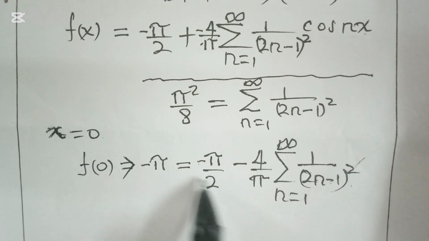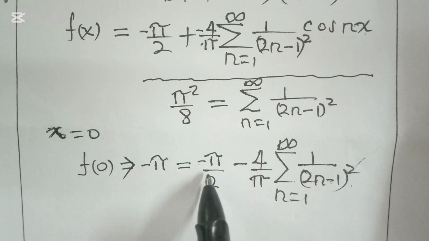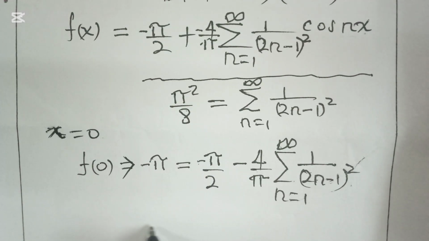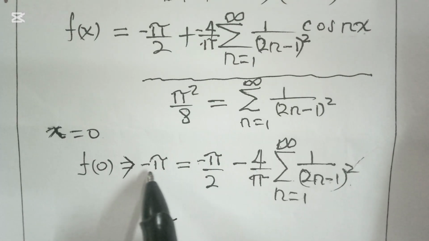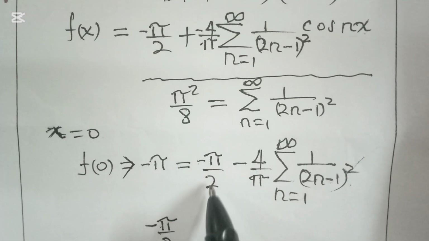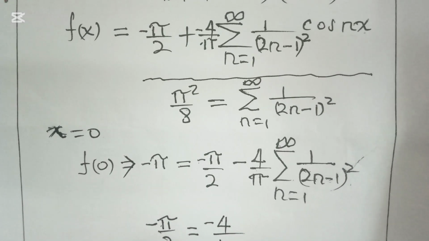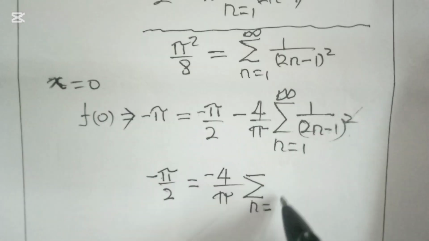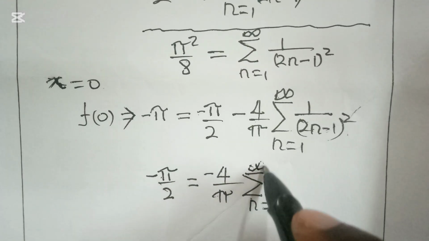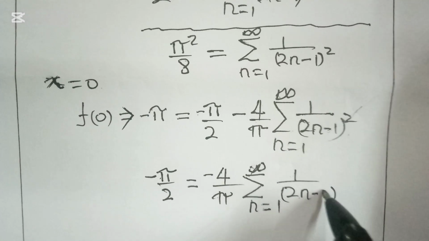So from there we bring this negative pi over 2 this side. When you bring it, it will be positive. Negative pi plus pi over 2 gives us negative pi all over 2. This now is equal to negative 4 all over pi, then you have the summation as usual, n equals 1 to infinity, 1 all over 2n minus 1 squared.